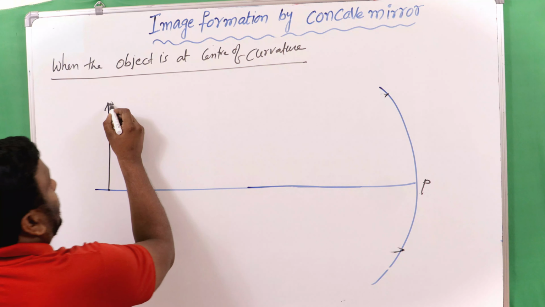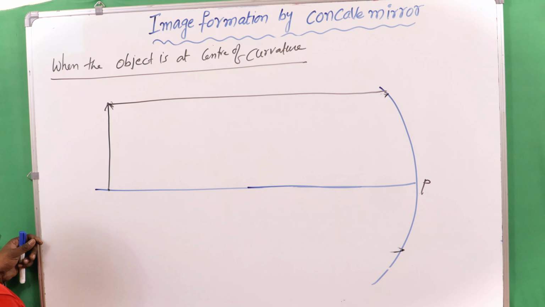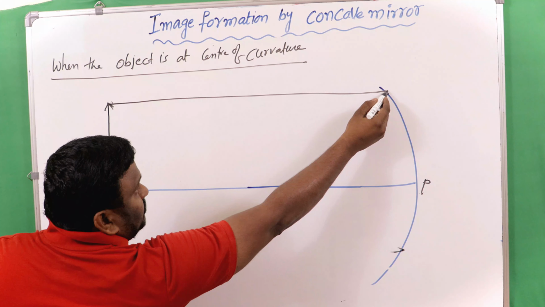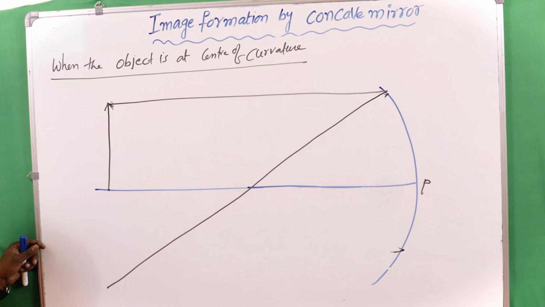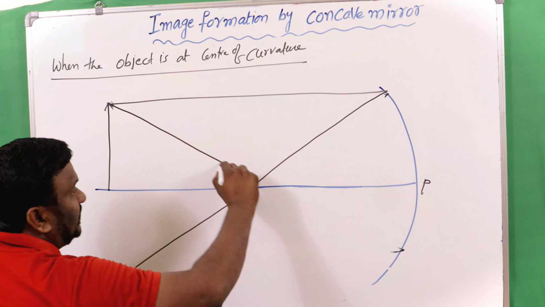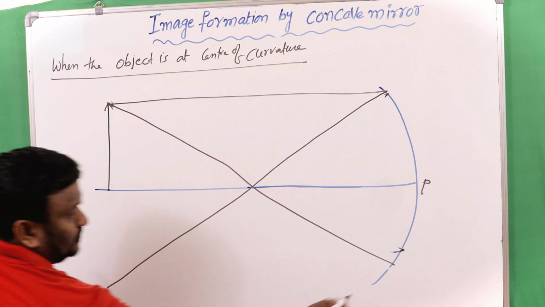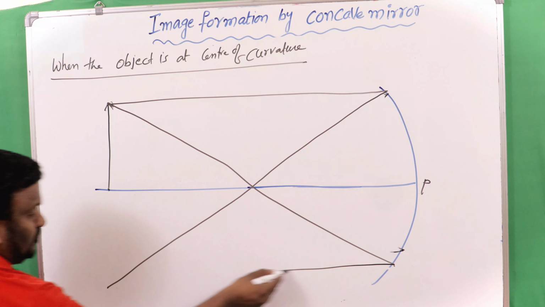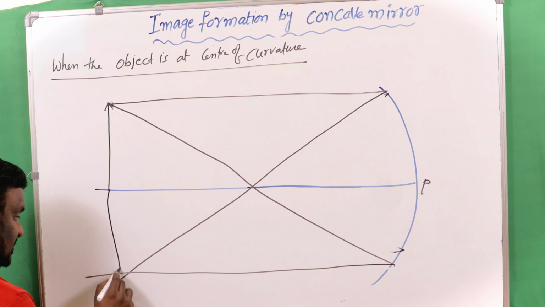Clear, and this ray is parallel to the principal axis. After reflection, that should pass through the focus. And next, this is another ray that should be passing through the focus. After reflection, that should be like this here.